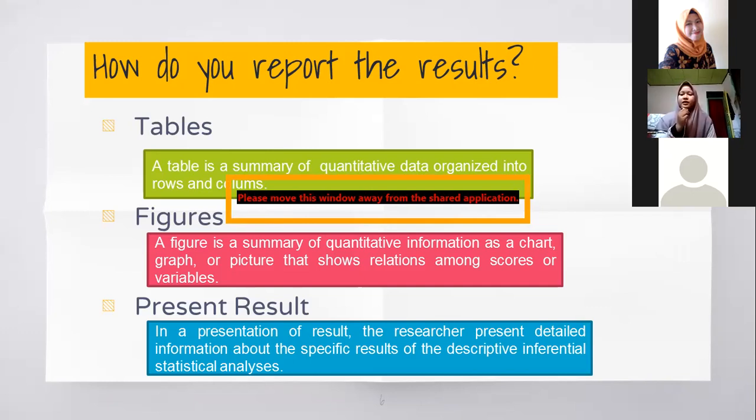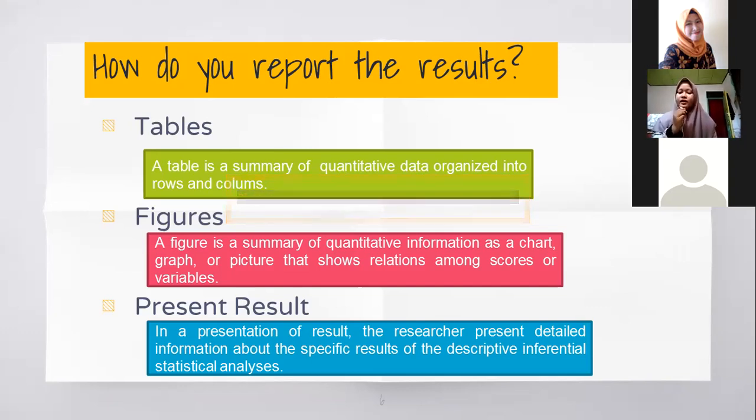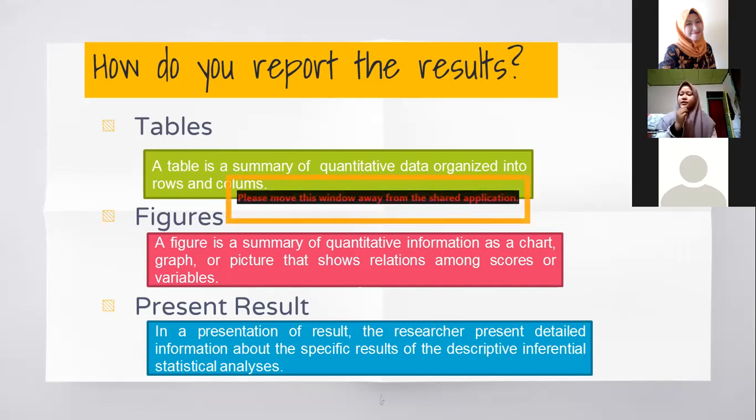The second is conveys only essential facts. The next is omit visually distracting detail. The next is easy to read and understand. The next is consistent with and prepared in the same style as similar figures in the same article. And the last is carefully planned and prepared.